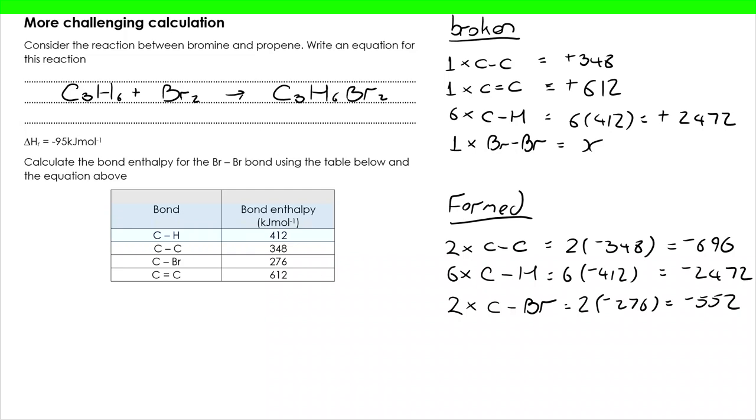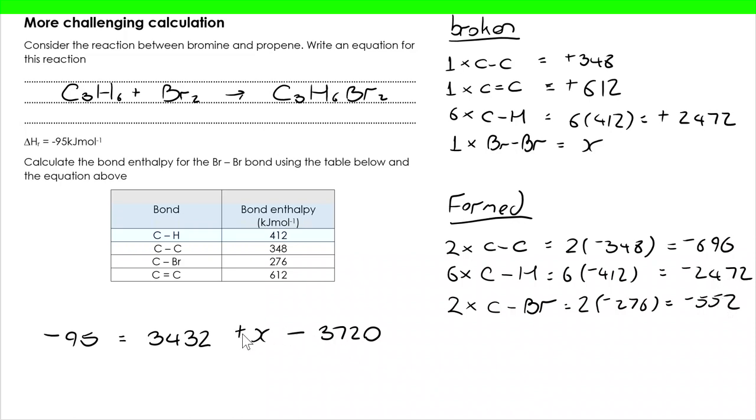And from there, I'm going to follow the calculation through, but instead of x equals, I'm taking my negative 95 as the overall change. I've got my 3432, which is the addition of 348, 612 and 2472. I've got my negative 3720, which is negative 696, negative 2472 and negative 552.